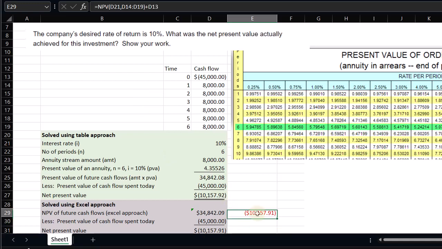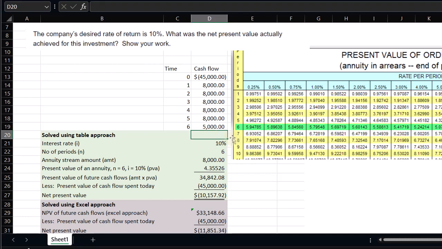Now, I want to make one other point. If the cash flows weren't all the same, this simple table approach wouldn't work. You would then have to calculate a unique present value for each value that's different, that's not part of the stream. So let's assume this was 5,000 in the last year.